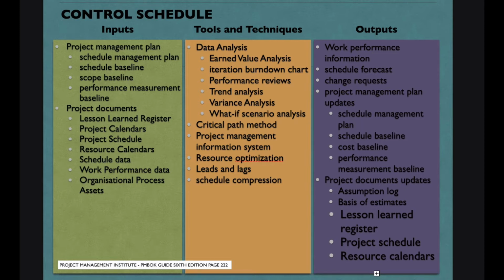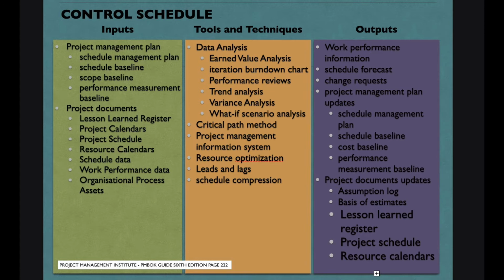For tools and techniques, we need data analysis, earned value management, iteration burndown chart, performance reviews, trend analysis, variance analysis, what-if scenario analysis, critical path method, project management information system, resource optimization, leads and lags, and schedule compression.